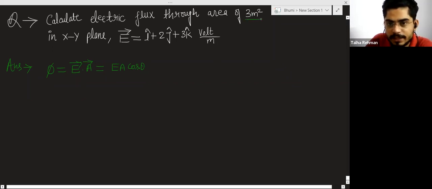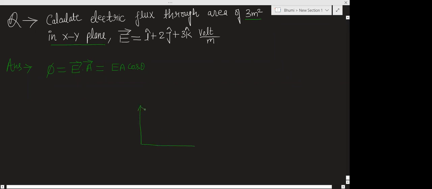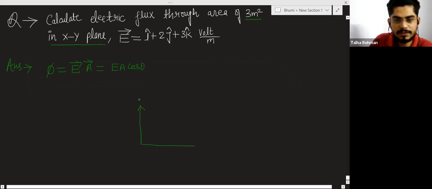They are saying 3 meter square area in the xy plane. If this is the y axis and this is the x axis, then there is an area in this.